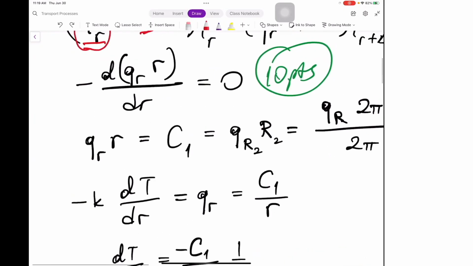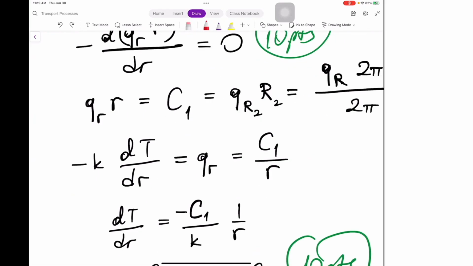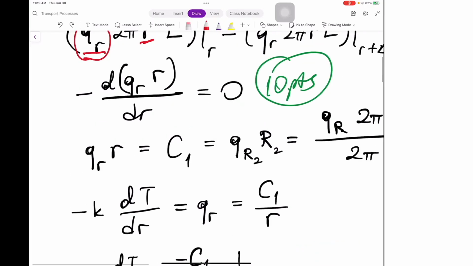And you find that Q_r times r is a constant. Okay, and you can call it Q_R2 times R2 because Q_R2 is given, right? It says in the problem statement that the heater provides a constant flux of Q2. So that's basically the Q2 given in the problem.